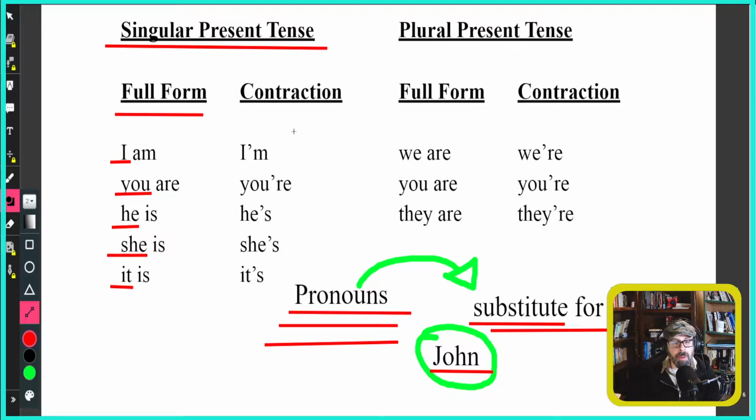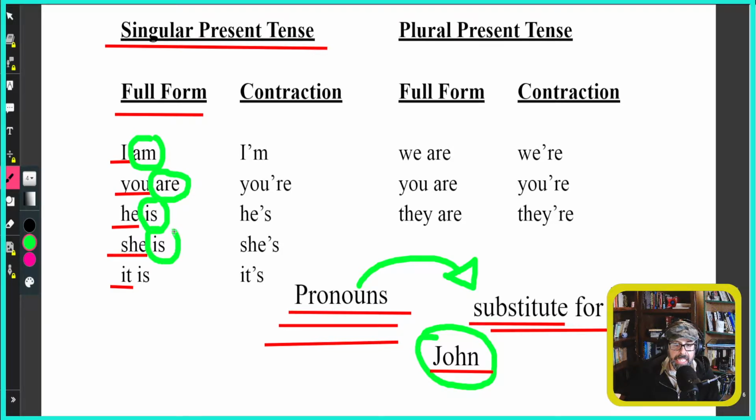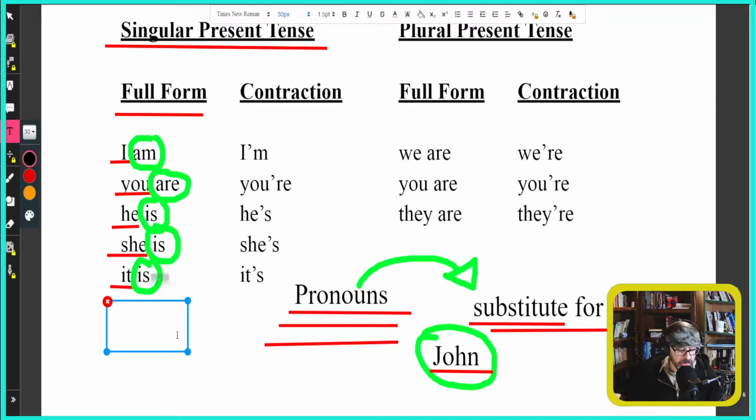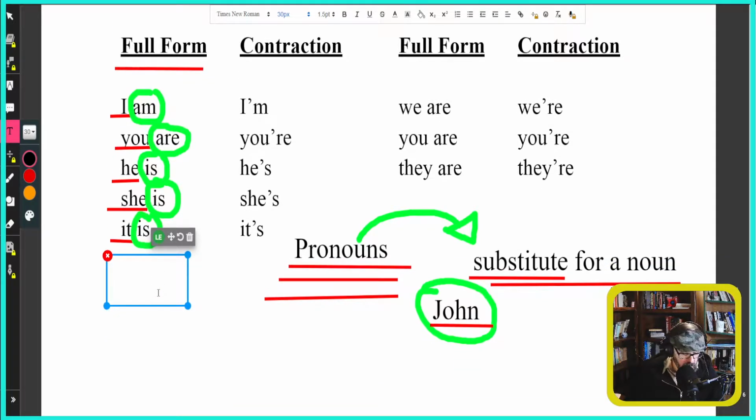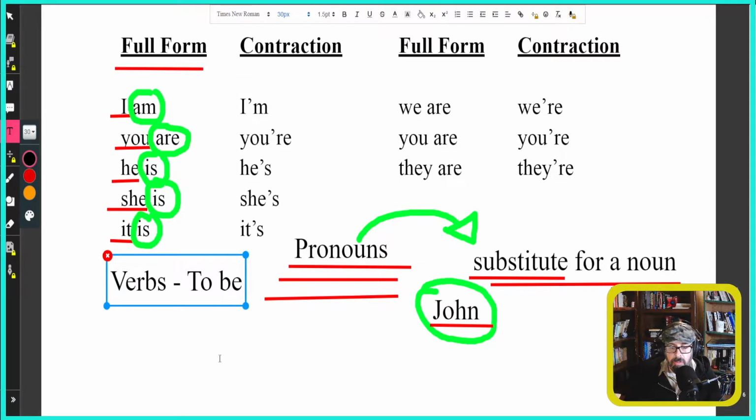Okay, now what about the other word, the second part of the full form? Okay, well, we see am, we see are, we see is here, we see is again, and we see is here, okay? Am, are, is, okay? Well, what are these? Okay. Well, these are all verbs. And they are a special type of verb. They are the type of verb called the verb to be, okay?